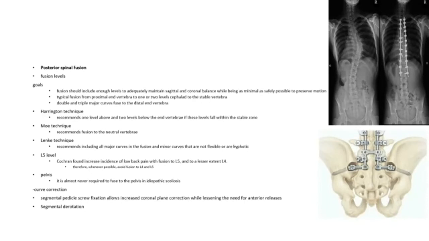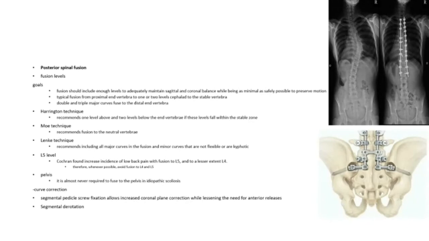Typically, fusion is happening from end vertebra to end vertebra, but it depends upon what school you are going to align to. Harrington recommended 1 level above and 2 levels below the end vertebra if these levels fall within the stable zone. The Moe technique recommended fusion to the neutral vertebra.